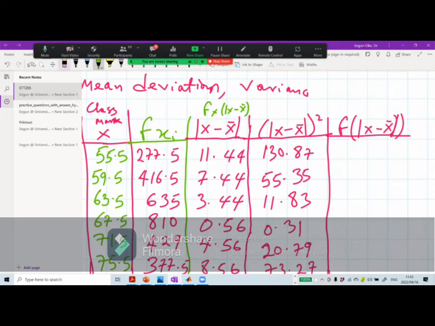Everybody do that now. 57.2. What are we dividing with? You're not dividing, you're multiplying. Multiply your frequency with the X minus X bar.